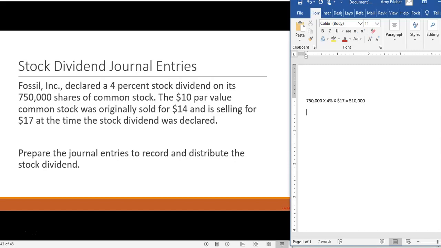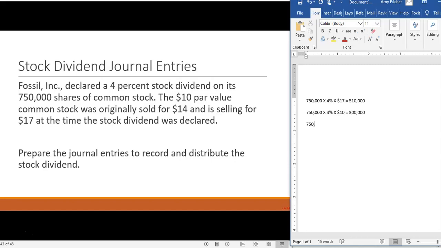Then we need to determine what the common stock par value is on those shares and what the additional paid-in capital is. So we take our 750,000 shares times 4% times our $10 par value, and that equals $300,000.